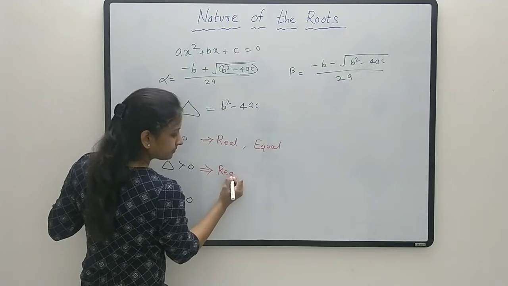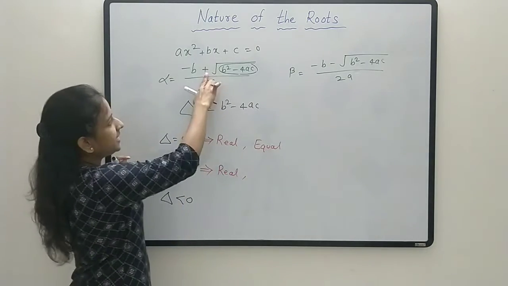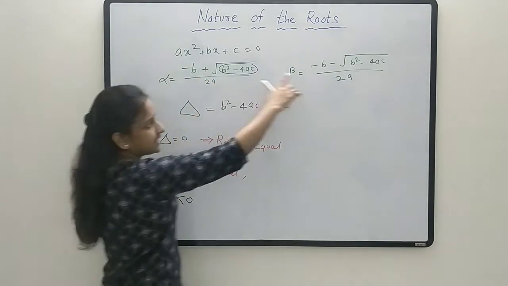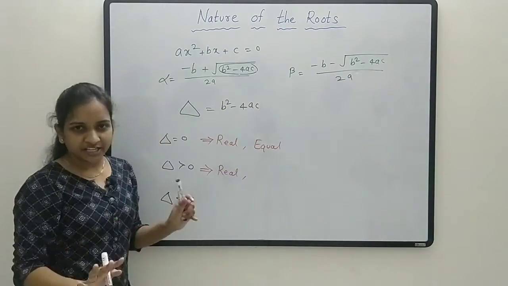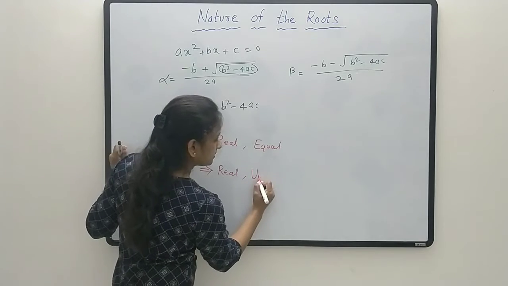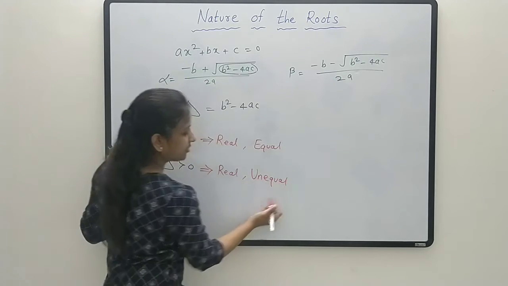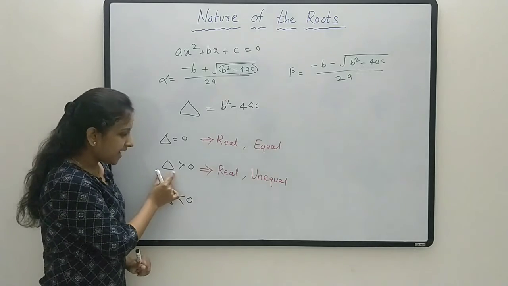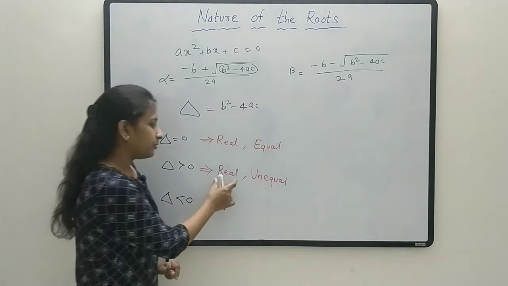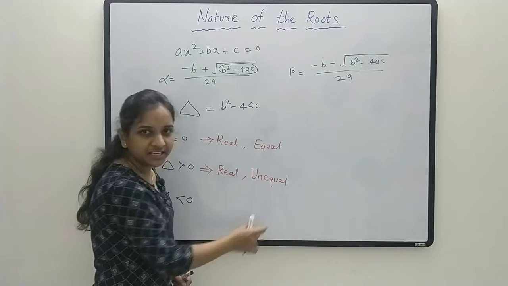And in alpha a plus sign is there, in beta a minus sign is there, so both roots are not equal. When the discriminant is positive, when delta is greater than 0, roots are real and unequal.